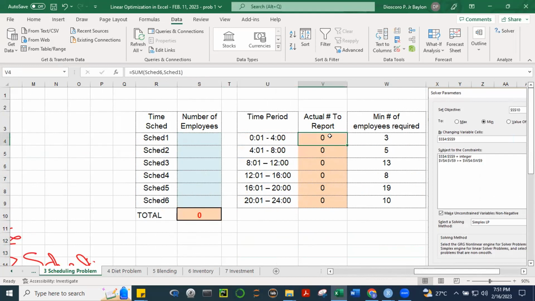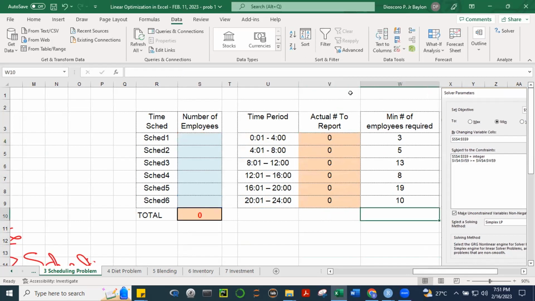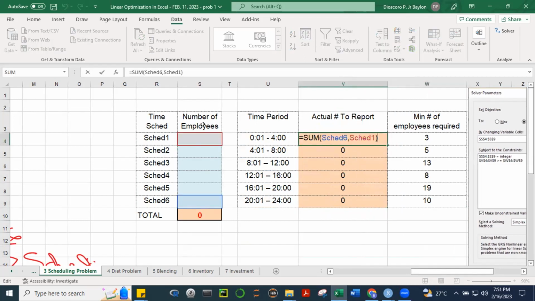So what I did was to just name these, let me just increase the size for us to see. I just gave these names, Schedule 1, Schedule 6, so that when I use the formula, I can do a check. The only disadvantage of this is that I will have to type each of the formulas because I cannot copy this.